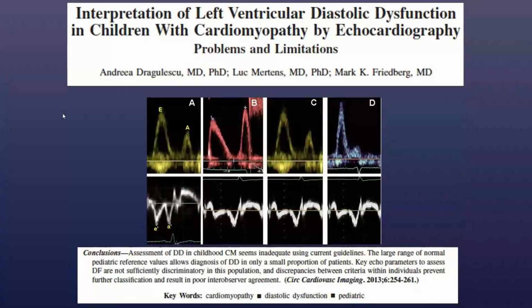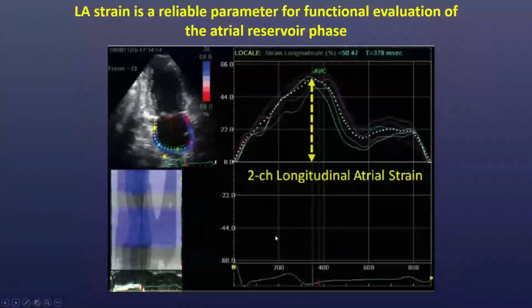So the results of applying the guidelines of the adult patient in children, even with cardiomyopathy, were rather disappointing. And in many cases, using these guidelines, the authors were not able even to discriminate a patient with cardiomyopathy from a normal child.